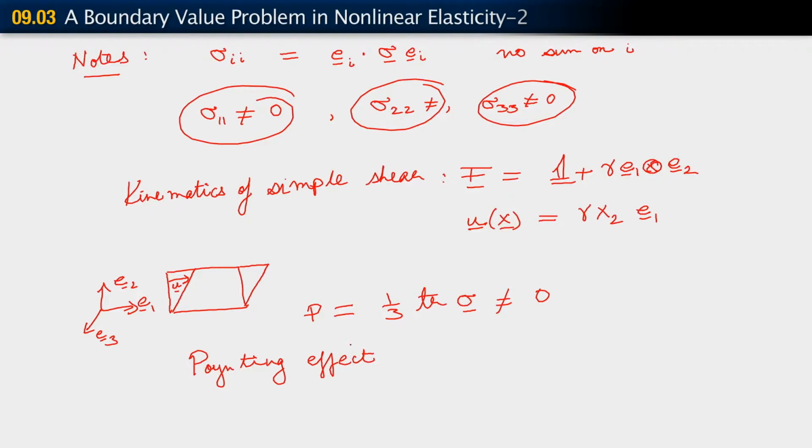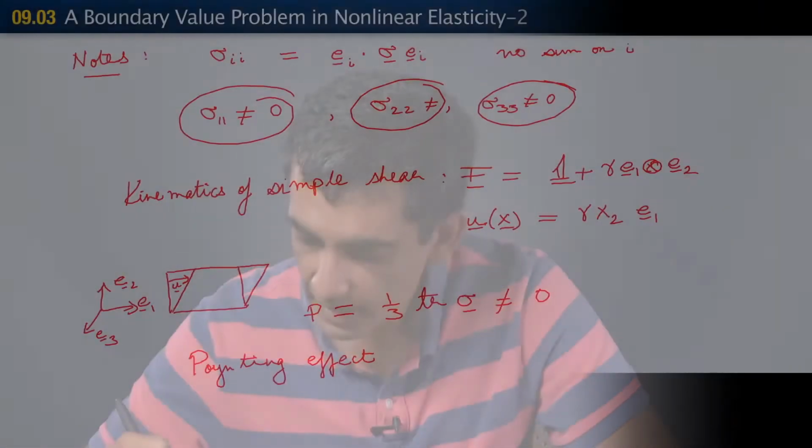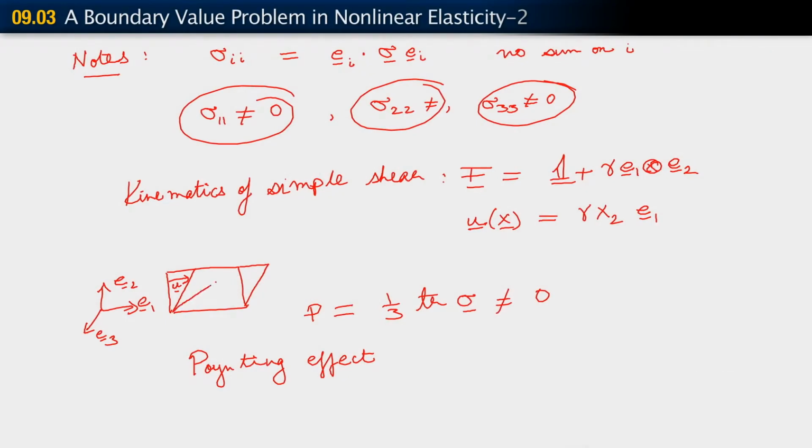It's actually quite easy to show why this should exist, and we can show it with this little figure that we have right here. For finite shears, so shears defined by gamma being finite, not infinitesimal, that fiber gets stretched out.